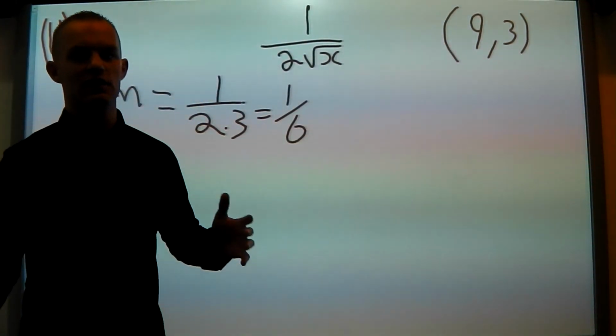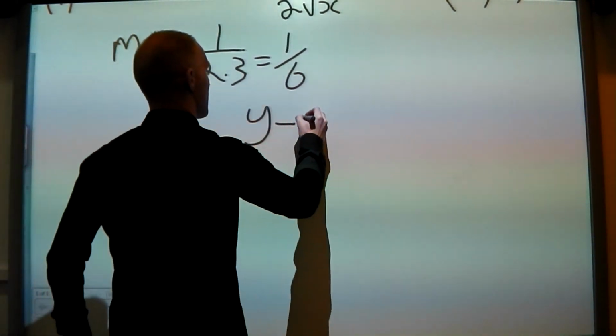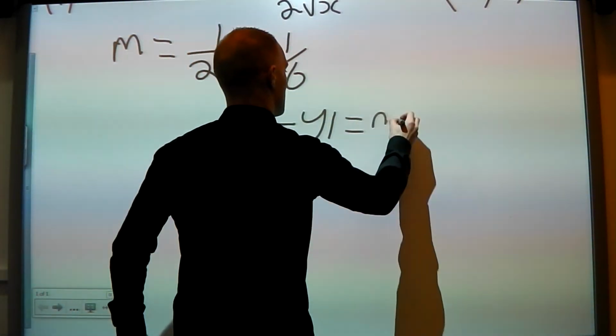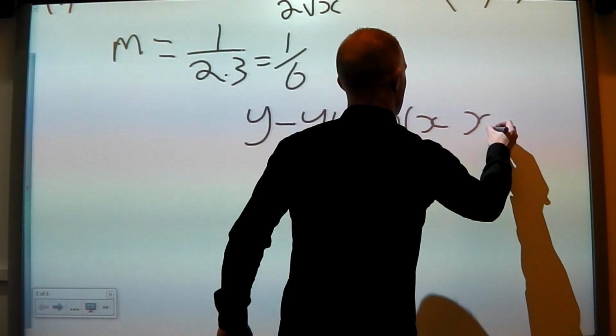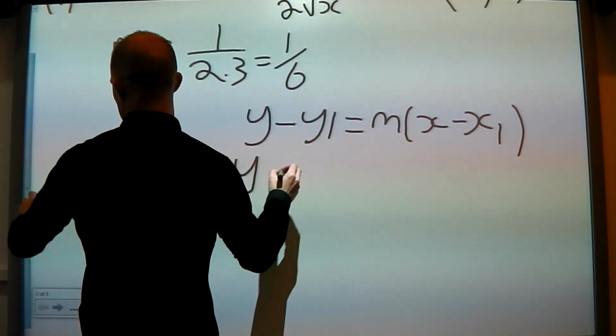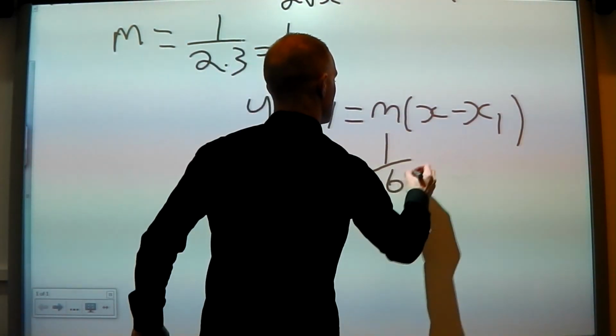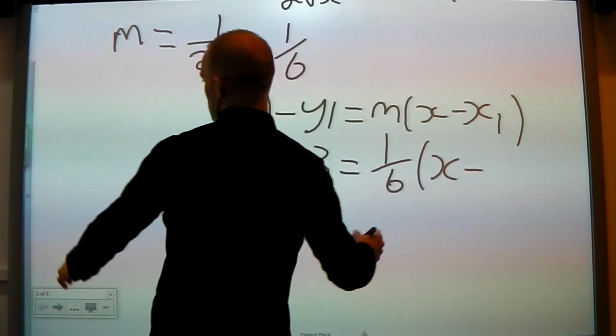Then we just use the regular equation of the line here. y minus y1 is equal to m times x minus x1. So y minus 3 is equal to m, which is a sixth, times x minus 9.